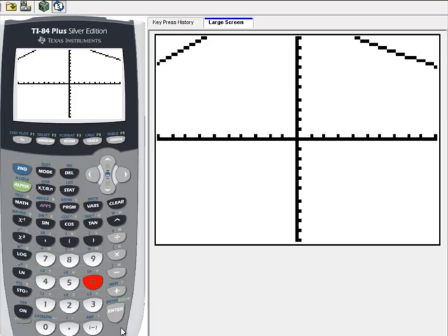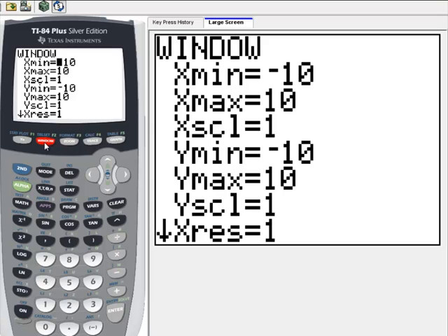Maybe in this case we could just take a guess at the window change. We need more positive y-axis, and we can go to the window and make Ymax, let's say 20 or 30, just to be more sure that it appears. Okay, let's try that. Now we'll push GRAPH.